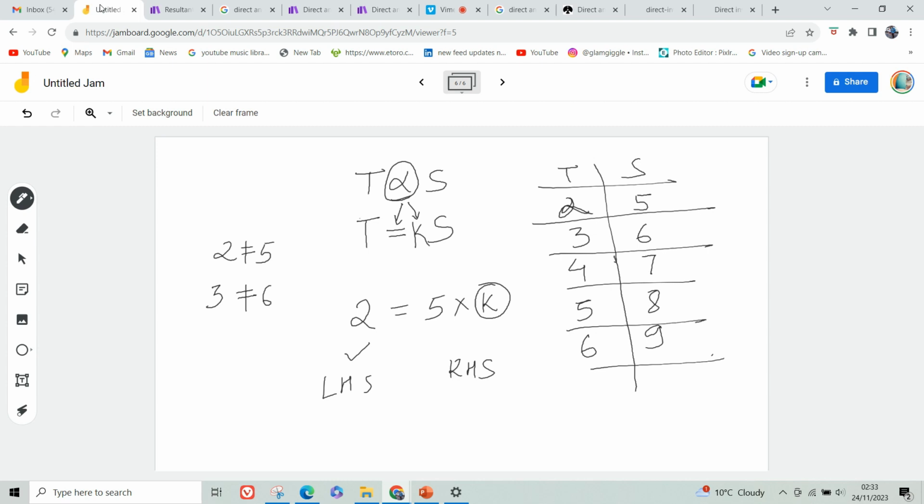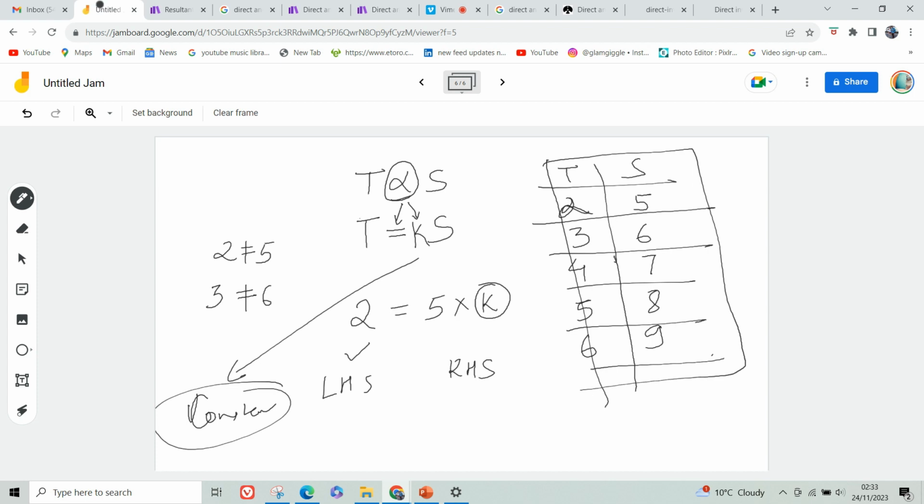If T is directly proportional to S, then T equals KS, where K is a constant. And we have already seen why we need a constant. All right, got it? Good.